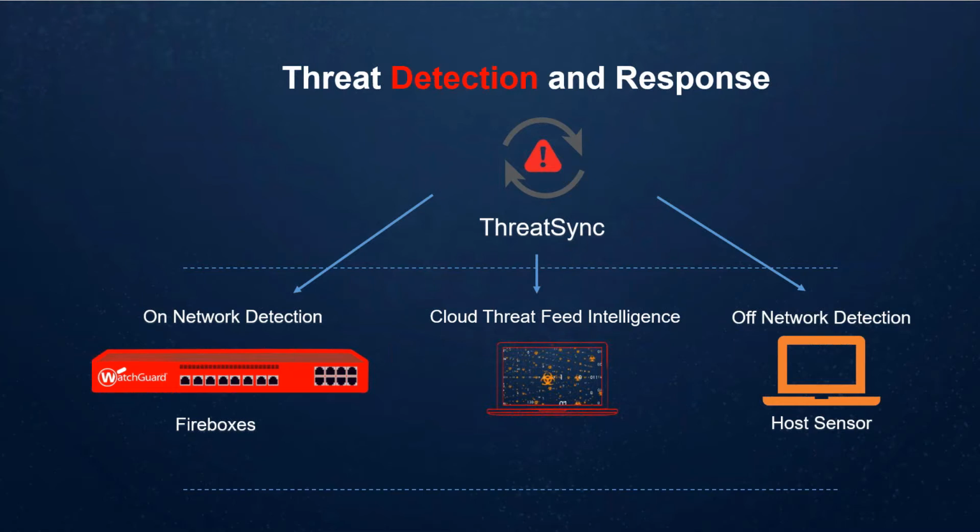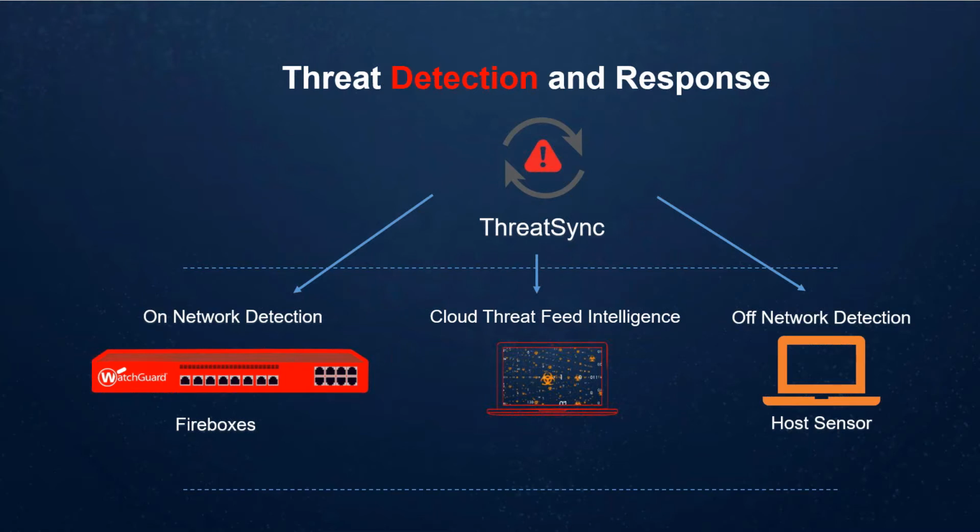And we take all of that information and we put it into ThreatSync so that we can analyze, score, and create policies to remediate and take action on those threats.